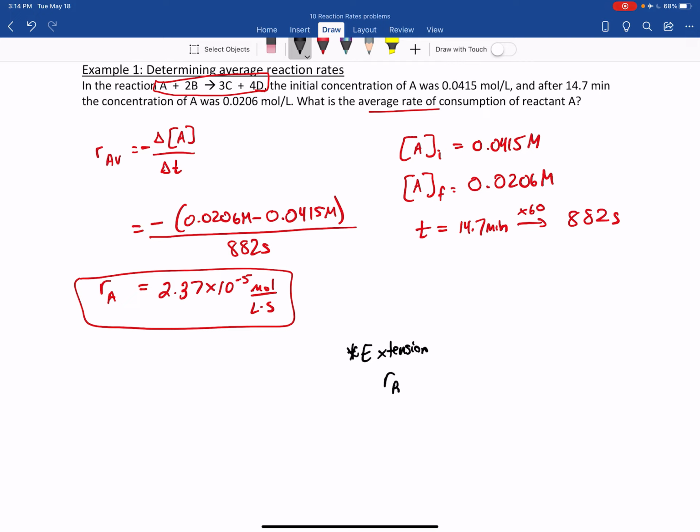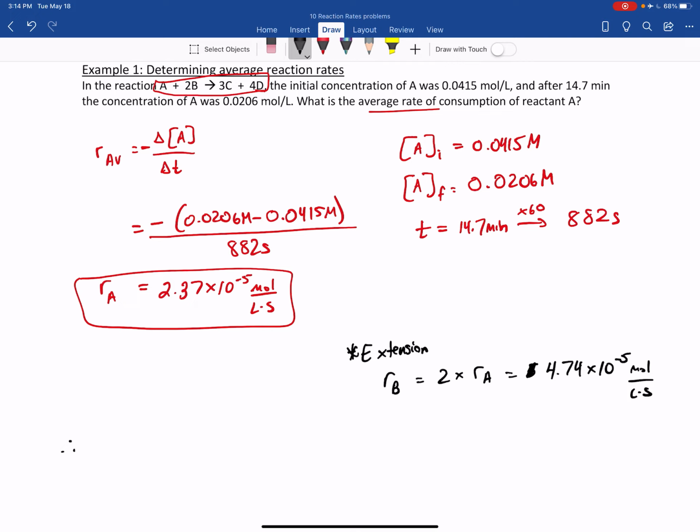So for the rate of B, twice as large as A based on its coefficient, which will be equal to 4.74 times 10 to the negative 5 moles per liter per second. Right? So that's how we use that stoichiometry pattern to be able to find those.